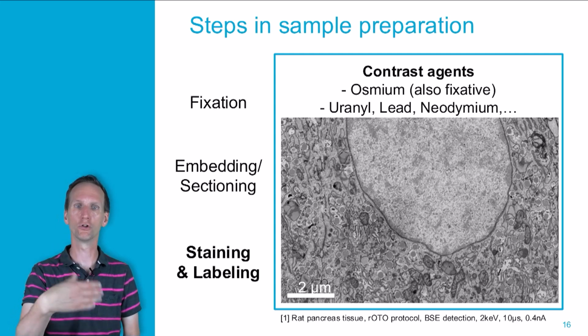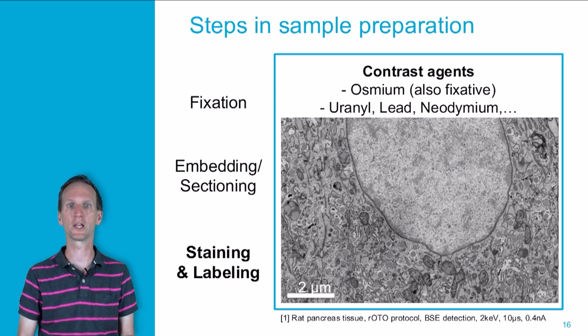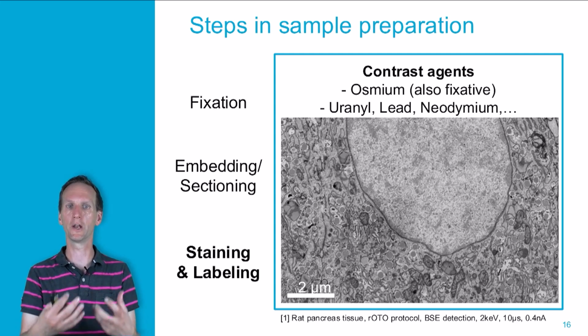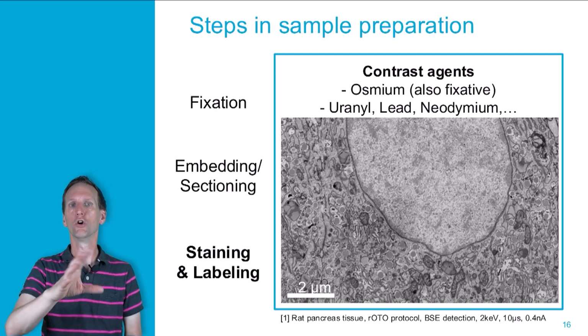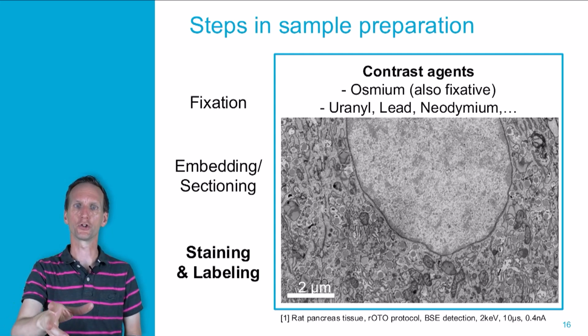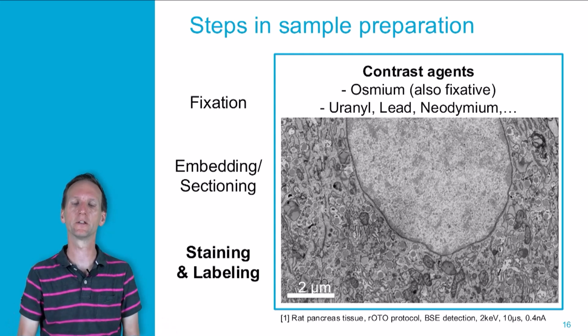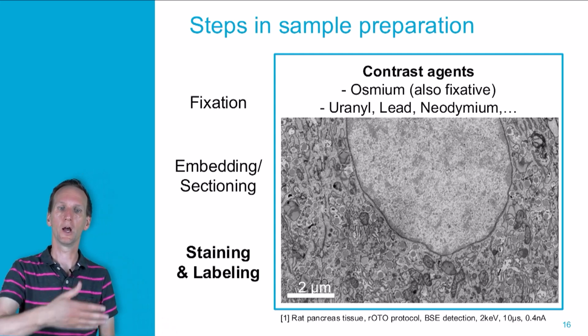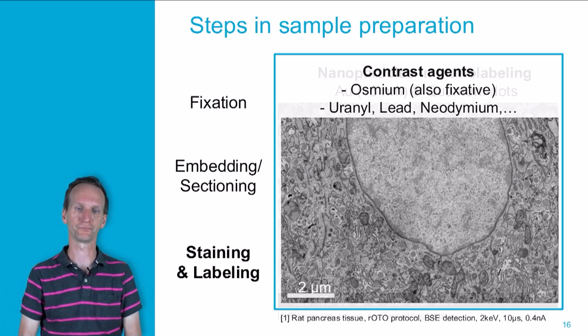These may include uranyl, lead, neodymium, or other high Z materials that can be added as a salt and then are absorbed or adhere to specific biological structures. So this gives us an image like indicated here. Clearly all the organelles and all the biological structures are visible because the membranes have been stained, they have been fixed with osmium, and this allows us to see the full ultrastructure of the sample.